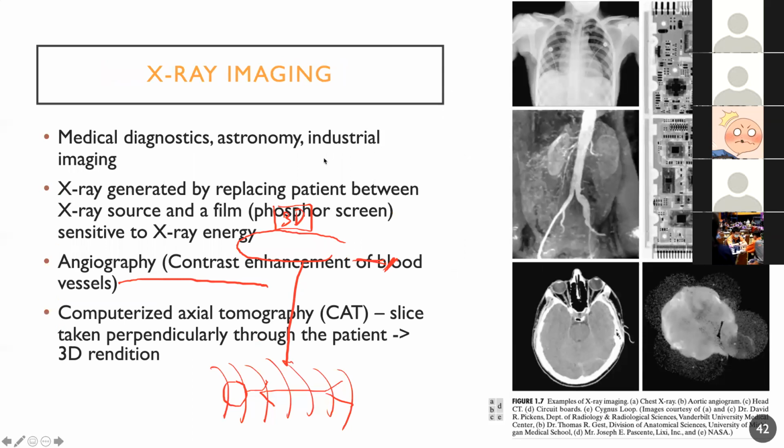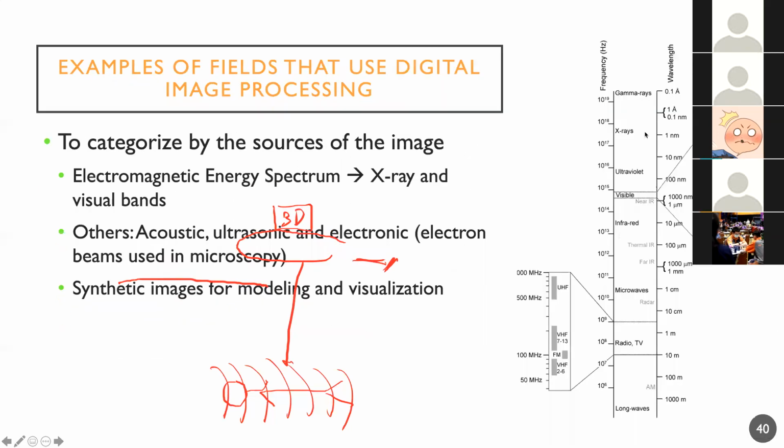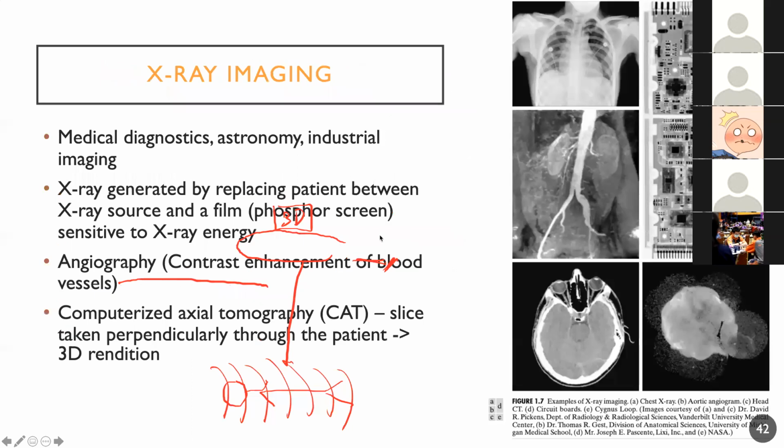How about X-ray? X-ray has a little bit lower frequency than gamma ray. X-ray is also used in medical applications, in astronomy, again about stars, and also in industry as well.